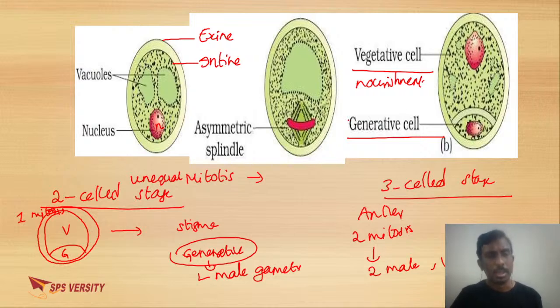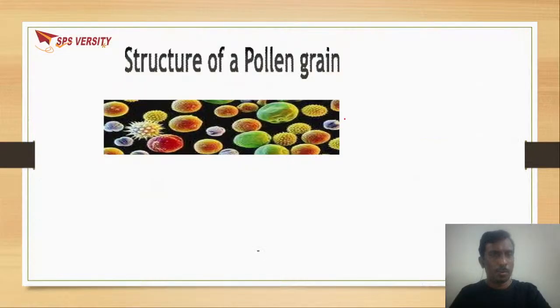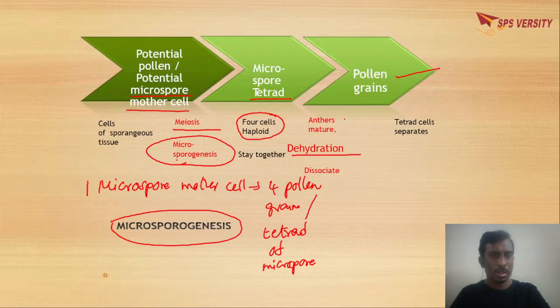Here, when you come to the development of pollen grains, you should remember some numerical things. During the formation of pollen grains from one microspore mother cell, 4 pollen grains are formed.